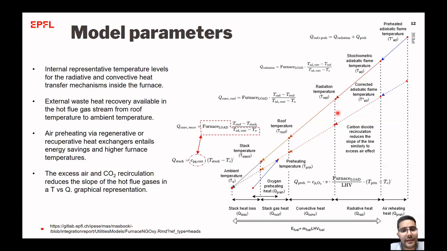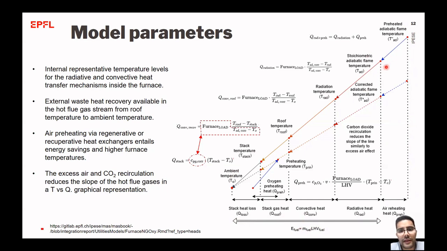Here we have a representation of the cooling of the flue gases that can be used as an equivalent representation for my oxy-combustion furnace. You can see that in the y-axis, we have the temperature levels, and in the x-axis, we have the heat. The heat is dependent on the lower heating value of the fuel and the flow rate of the fuel.